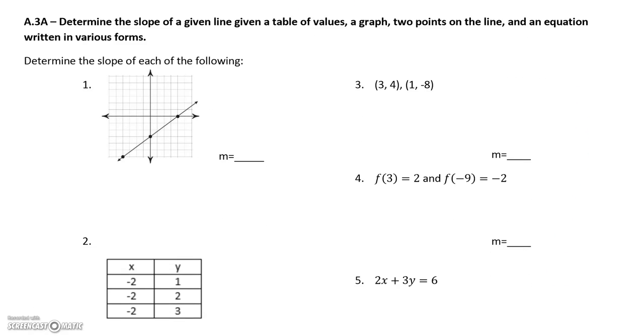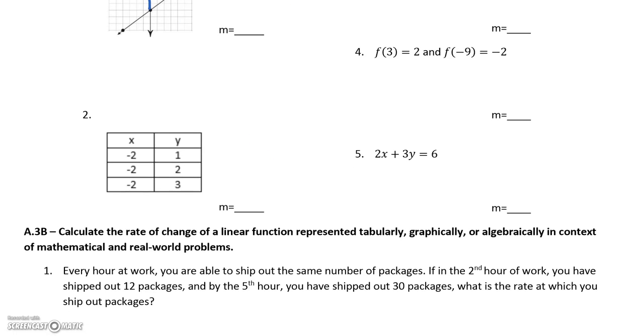Okay, A3A, determine the slope of each of the following. So on the first one, you do rise over run. Count how much it goes up and how much it goes over. And that'll be your slope. Okay. On number 2, you can either use stat and see what you get for the slope, or you can do the slope formula.